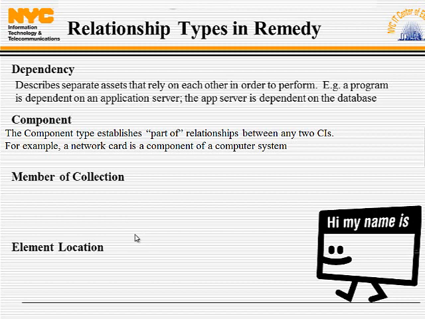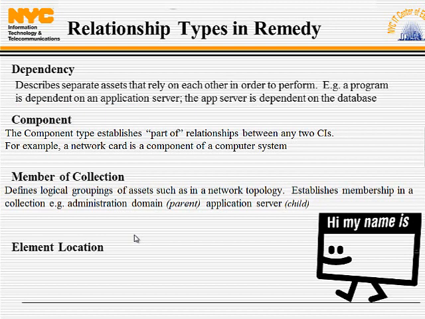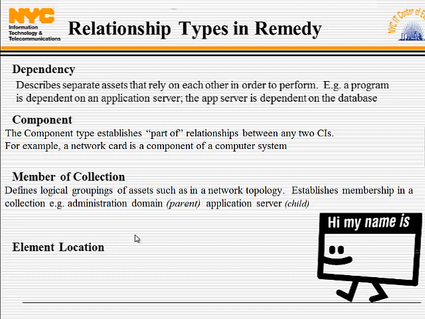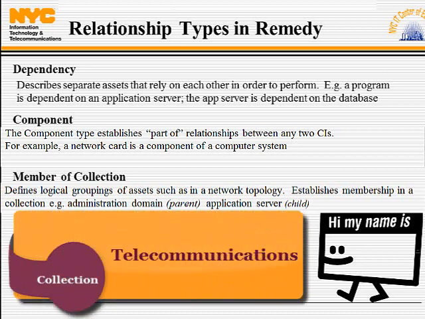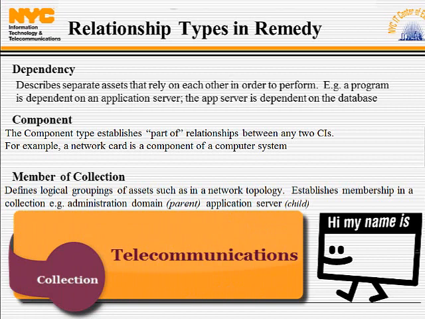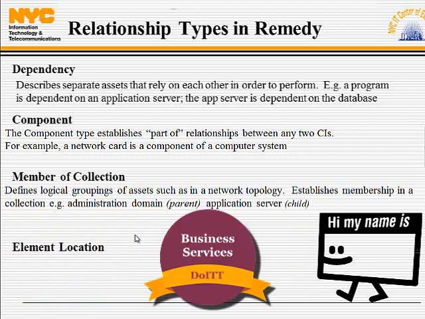Next, we have member of collection. This defines logical groupings of assets, kind of similar to a network topology. This relationship type helps us establish which assets are members of which collections. So, for example, phone, fax, and voice over IP network may be members of a telecommunications collection. Here at DoIT, member of collection is often used to relate the assets that comprise the business services we offer.